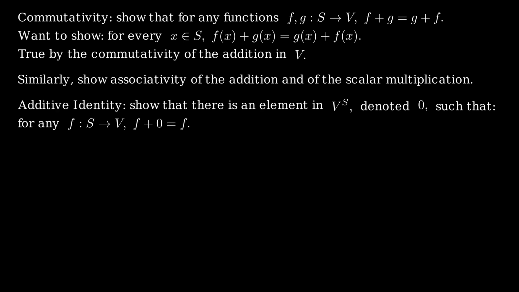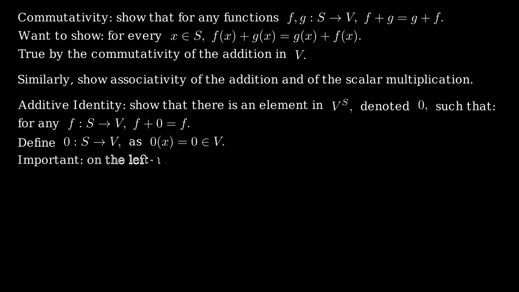We first have to define what this element is as a function from S to V. The natural choice is the constant function 0. It's important to notice that on the left-hand side, 0 is the function 0, an element of V power S, while 0 on the right-hand side is the 0 in V.